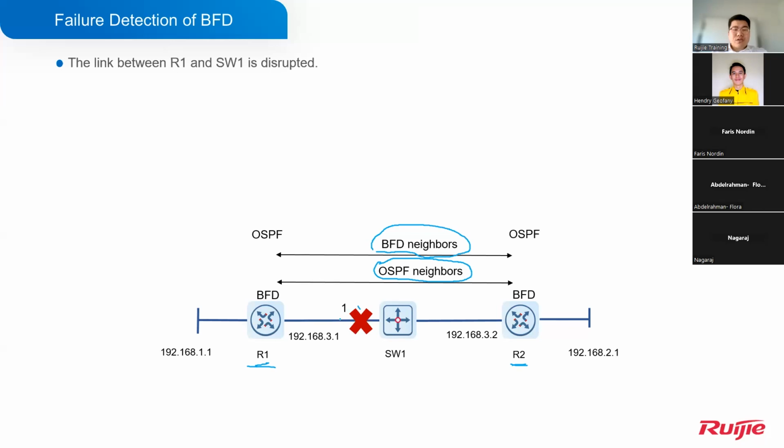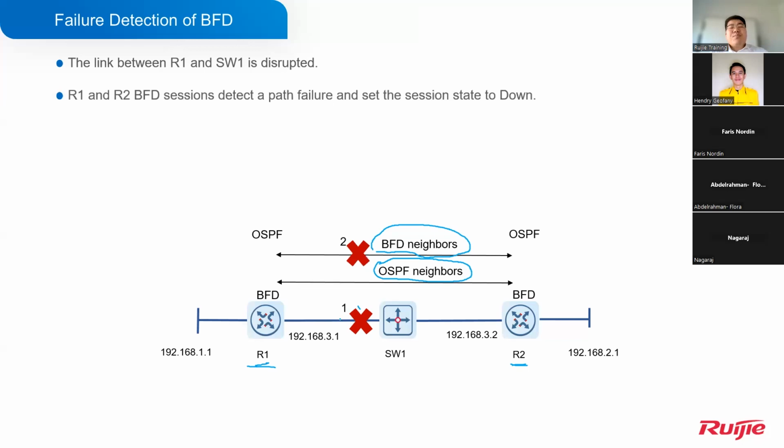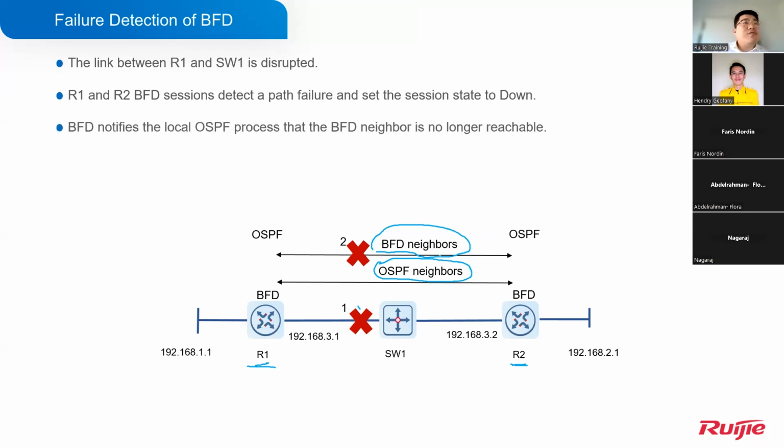And once the fault occurs, who will sense the fault first? You can see, firstly, BFD will sense the failure in the network and then set the session state to down. Pay attention here: BFD session state to down. And then BFD notifies the local OSPF process that the BFD neighbor is no longer reachable.